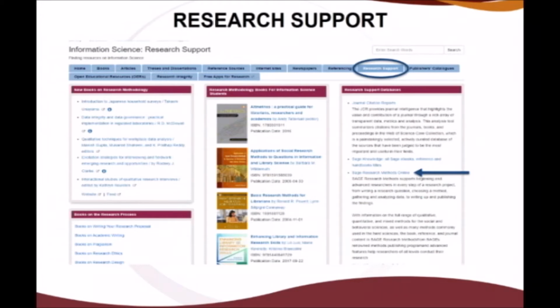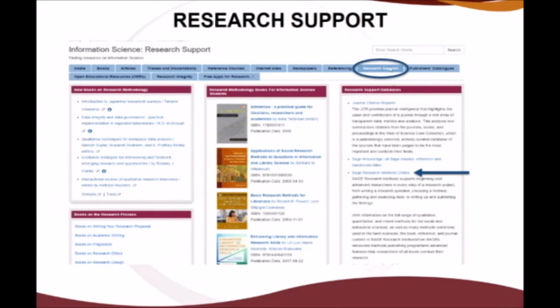I'm going to demonstrate that for you, and you all have this tab on your guides from different subject areas, and this Sage Research Methods Online. I think it's on all our library guides, whether it's languages, communication science, English, all subjects are represented here.